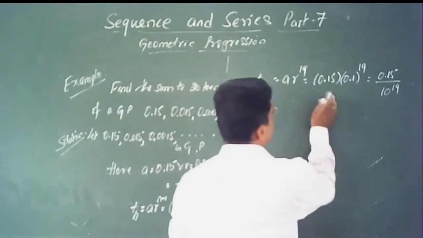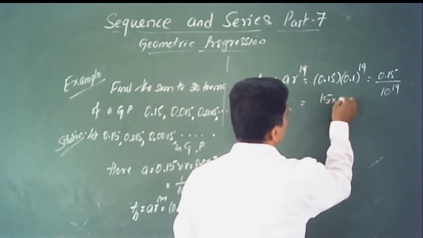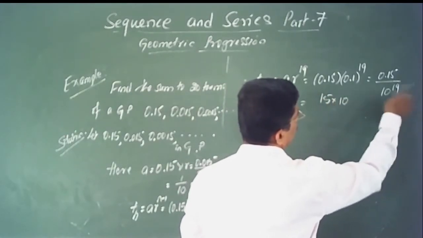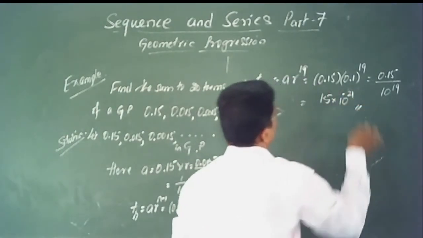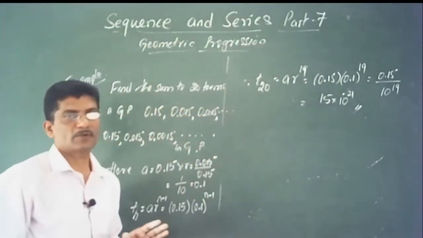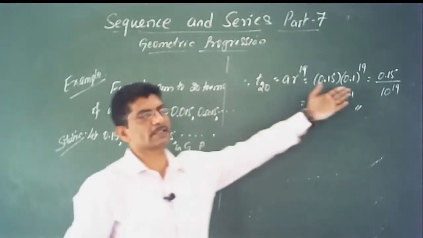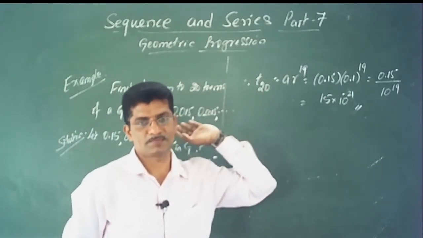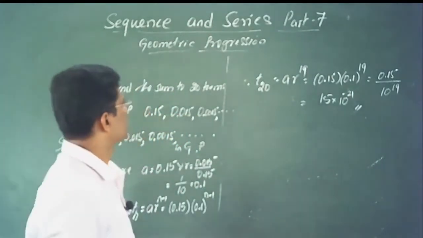Or write its value as 15 into 10 raised to minus 2, means 10 raised to minus 21. That one is the 20th term of the given sequence, or write like this. This one is also true, right? The next problem.